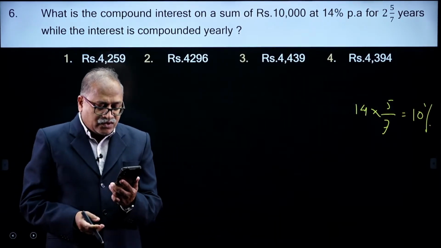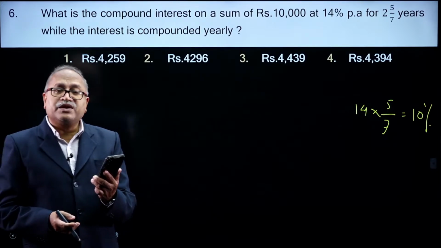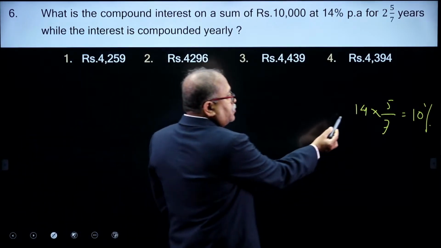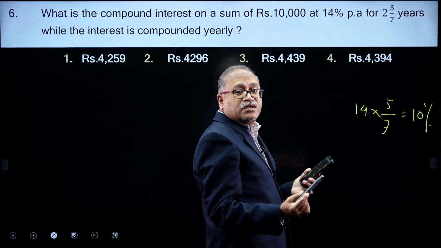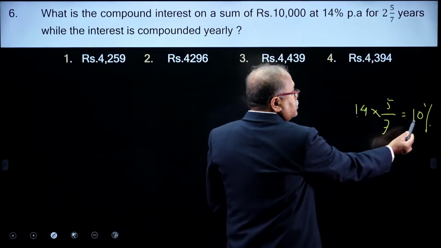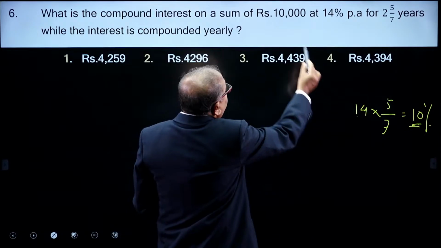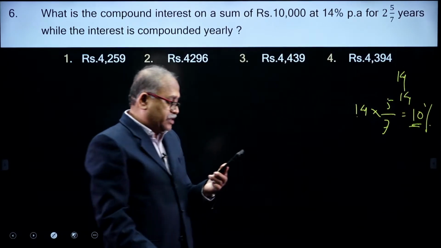Okay. 10% for 5 by 7 years, because 14% for 12 months, then 5 by 7 years. So, the last part I will be applying 10%, first 2 years I will be applying 14% and 14%.